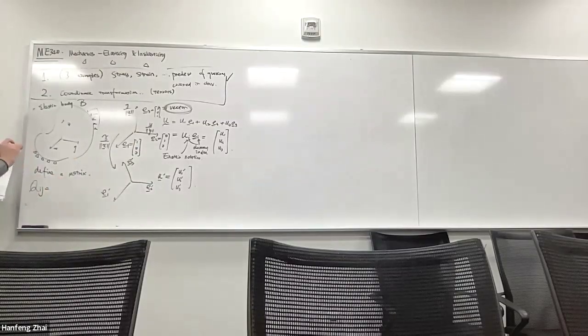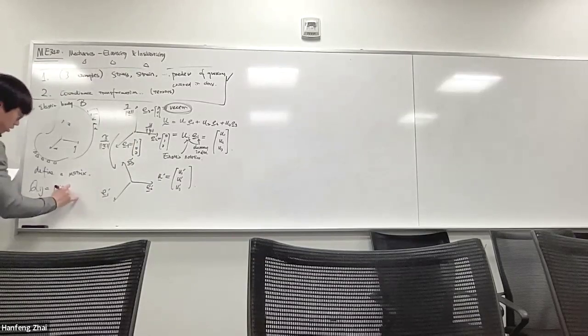So here it might be helpful to pay more attention to the indices. So Qij is Ei prime, which is the new coordinate system, dot Ej. So that's by definition.